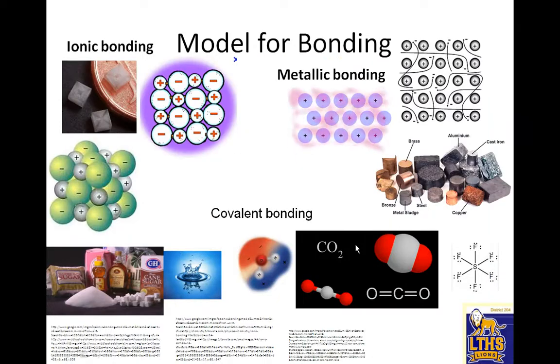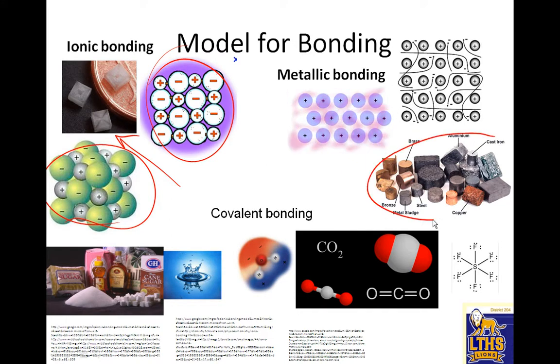Finally, here are some pictures of bonding models. This is a model because it describes what we think ionic compounds might look like. Another model of an ionic substance. Metallic bonding: here's a model for it. You've got all your cations lined up, and all the valence electrons of those metal ions can move through the metal structure.